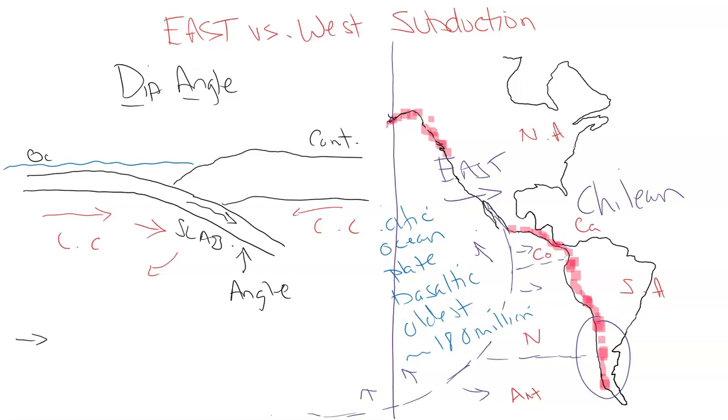Well, research has shown that the velocity of the plate can dictate the angle, and how fast, obviously, that slab is descending. The age of the ocean floor, the ocean crust: the older, the thicker and denser it is, compared to, let's say, a younger plate closer to the ridge that's hotter.